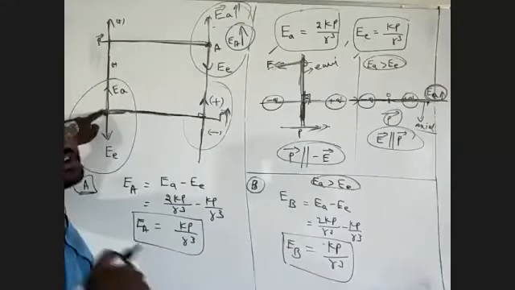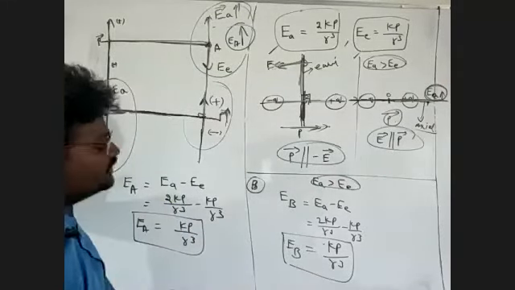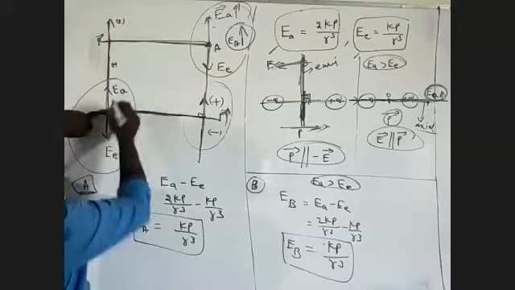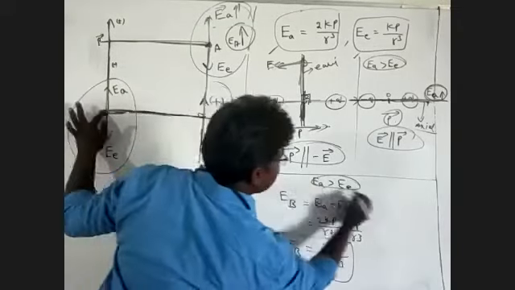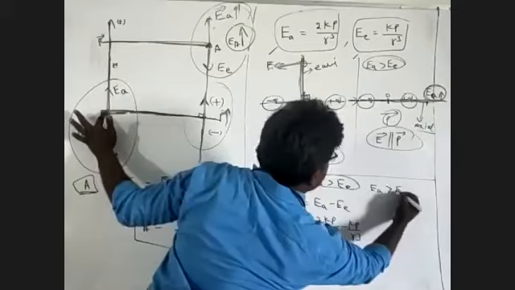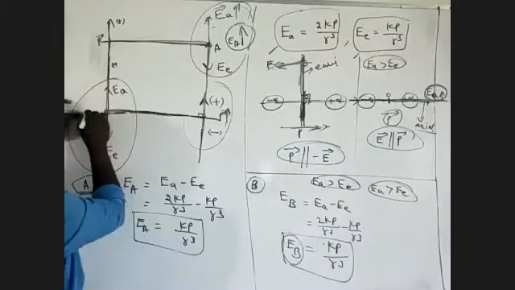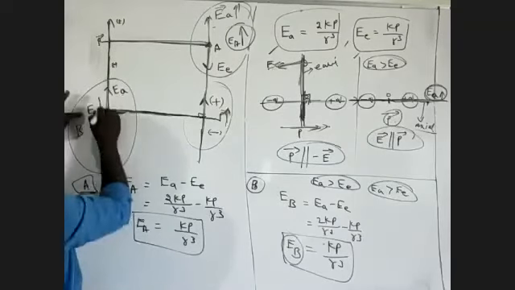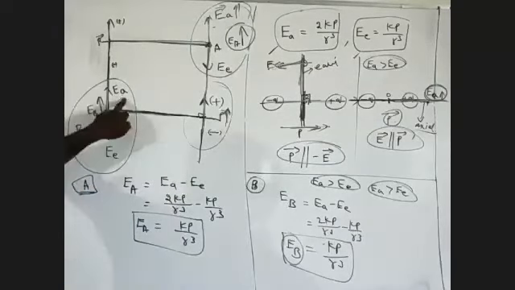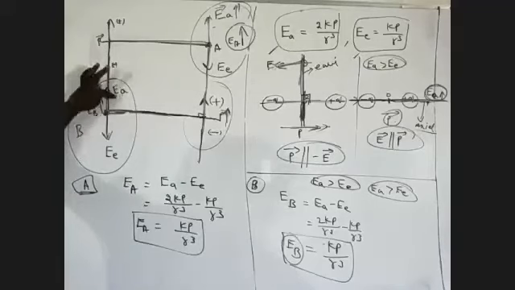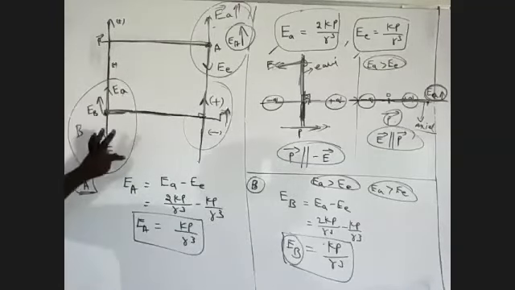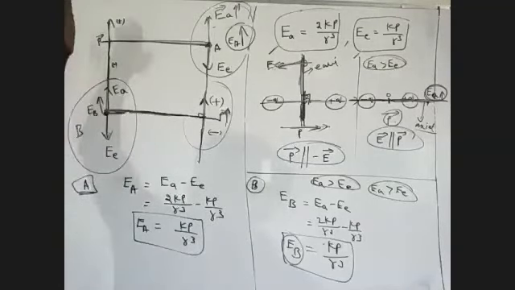But what is the direction of EB? EB is also in the direction of the axial field, because the axial field is greater than the equatorial field. That's why EB is upward.